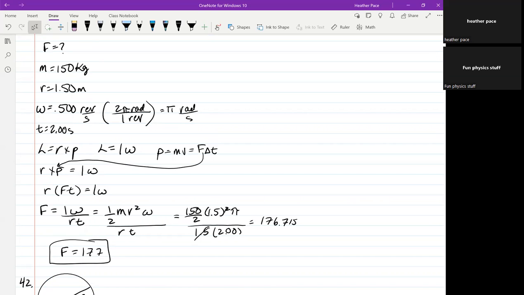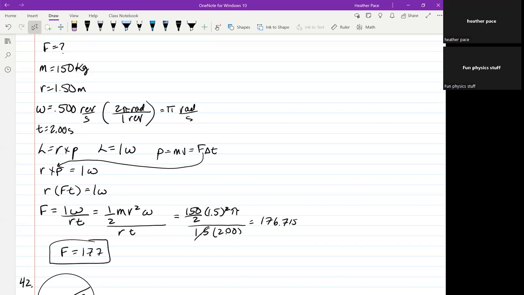We were given R to solve for P. So we can take almost all of these equations and shove them together and solve for P. We take L equals R cross P and L equals I omega, and make R cross P equals I omega.